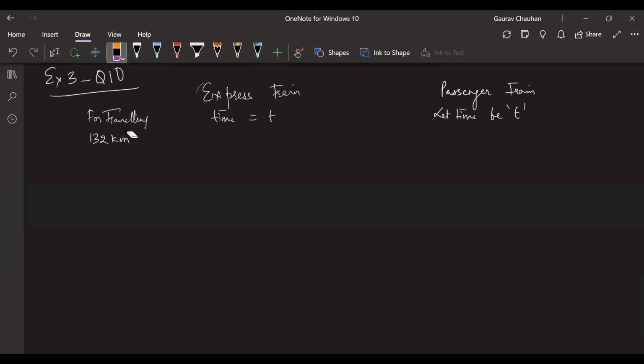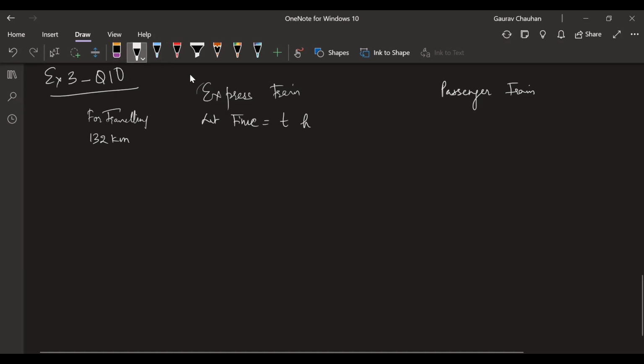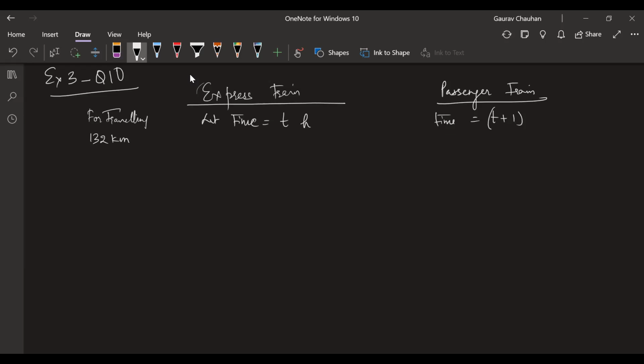We can say for the express train let time be t, and the passenger train's time is equal to t plus 1. Whichever way you are comfortable. So I'm taking, in the express train, t hours, and the passenger train time will become t plus 1 hours. Is this step okay with you, everyone?